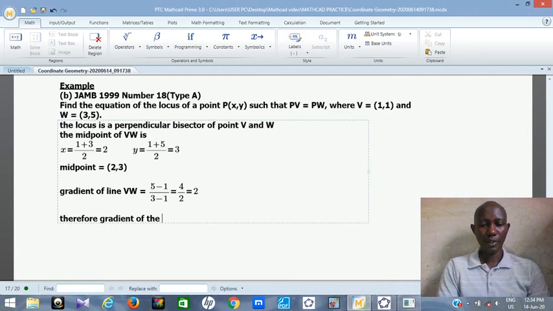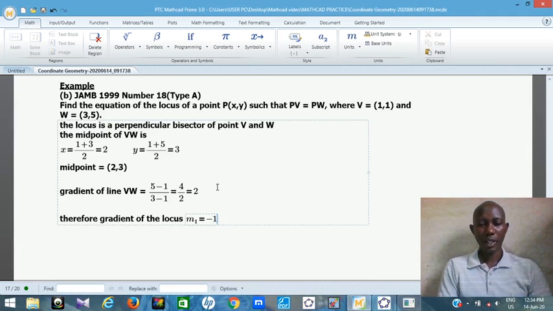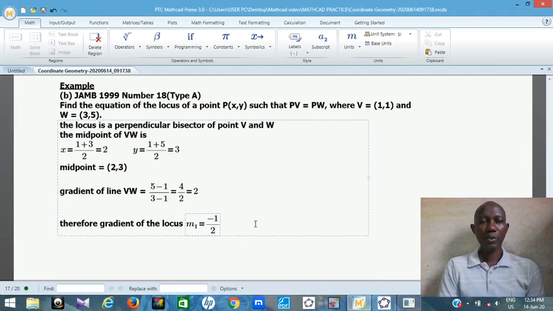If I take it as M1, the gradient of the locus will now be equal to minus 1 over 2. We use the condition for perpendicular lines. Take note of that. The condition for perpendicular lines says you multiply the two gradients, it will be equal to minus 1. So that is what I did to get the gradient of the perpendicular line as minus 1 over 2.